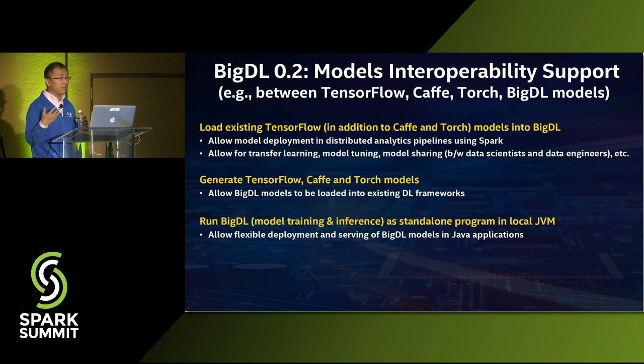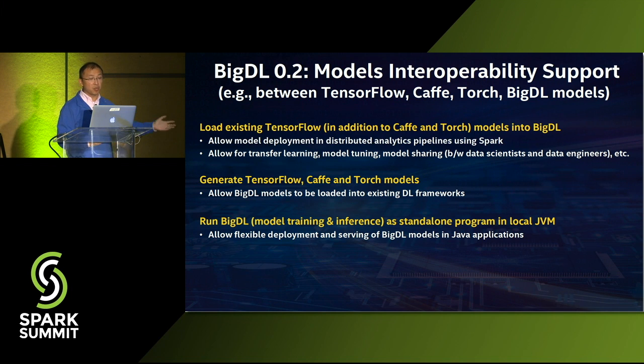It can be used for transfer learning: you get an existing model, and then you can do some fine-tuning, for instance. A lot of our use cases, actually a lot of existing deep learning applications, use an existing model and then add new data to train the model in a distributed fashion, and you now can do that in BigDL, and you can load pre-trained models from other frameworks as well.